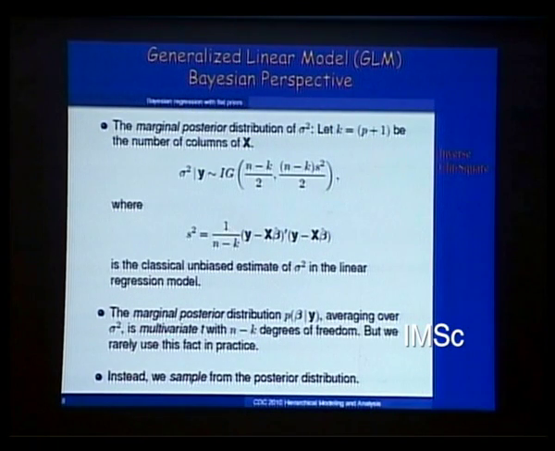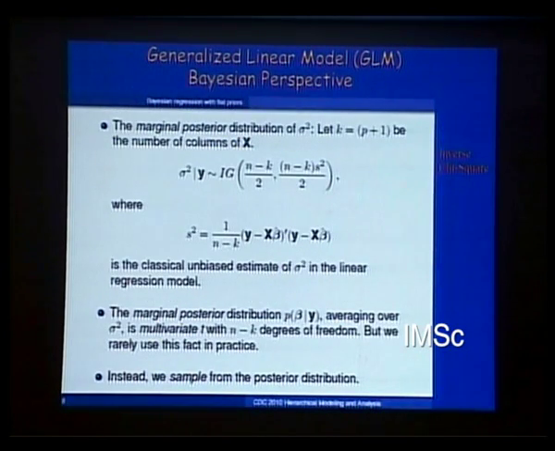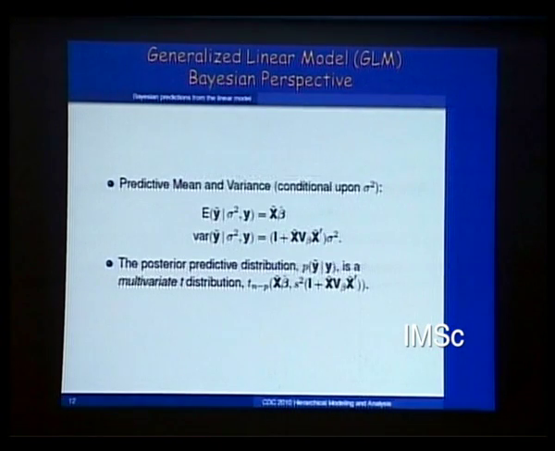Likewise, for sigma squared, this turns out to be an inverse chi-square, and this is exactly the unbiased estimator of the error variance in linear regression. This is the mean value of this, and likewise this is the mean value of the posterior distribution of beta. I think I have a summary slide, and once you have that, then you can do the prediction.